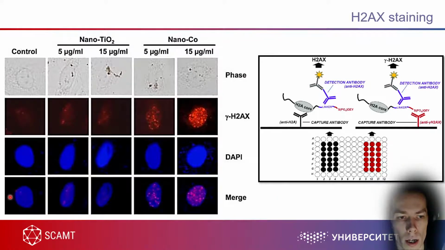But there are also other types of staining. For example, this one, again, a very specific staining called H2AX, and this staining is used to observe damage done to histones.